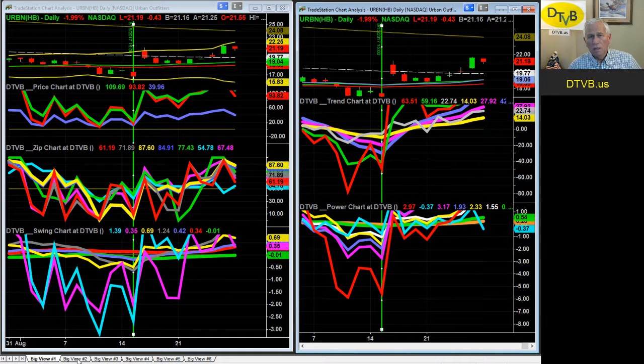But more importantly, when the power 3 are all doing the same thing at the same time, it's typical to have a 2 to 5 day uptrend. And so the power 3, the big 3 or the big 4 will tend to give us uptrends.